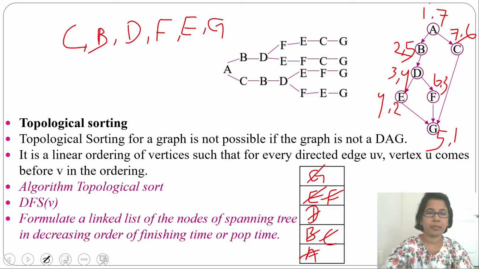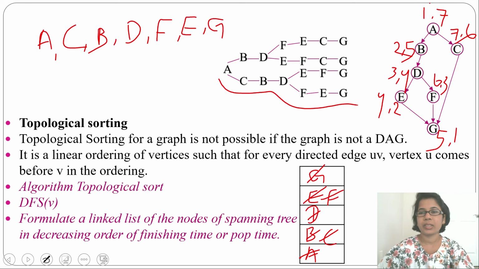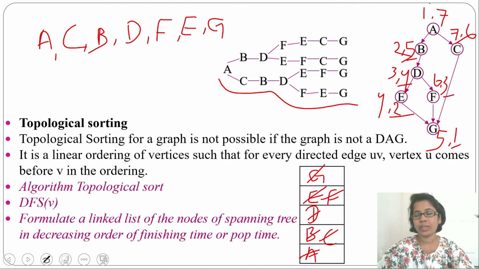Now you can see A, C, B, D, F, E, G. This list we found by doing the DFS. Then take the decreasing order of pop time or finishing time. Here A's time is 7, then C's time is 6, B's is 5, then D's is 4, F's is 3, then E's is 2, G's is 1. Or whenever you are popping directly, you can write in the reverse order.